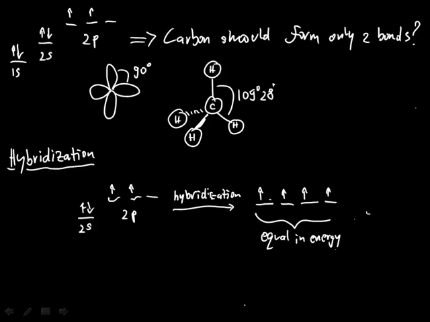Since these orbitals originate from one s and three p orbitals, their name is sp3 orbitals. And they're equal in energy, as I mentioned, but they're also oriented at exactly 109 degrees and 28 minutes relative to each other.